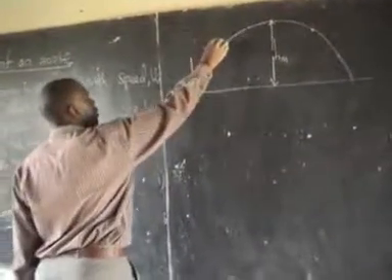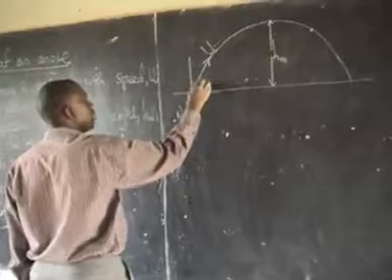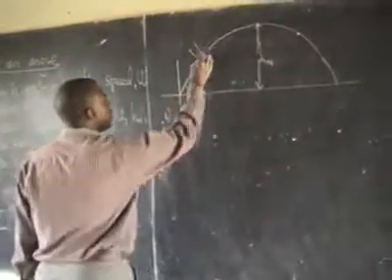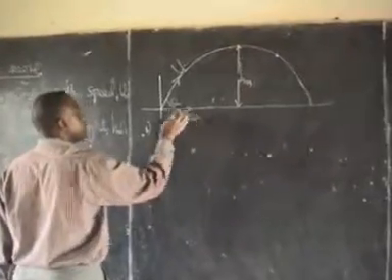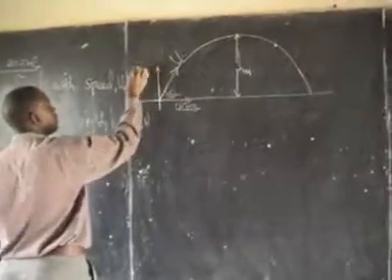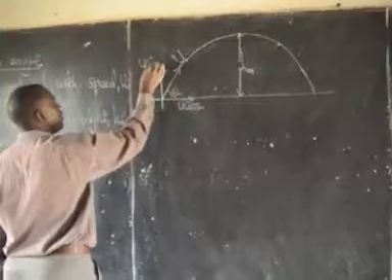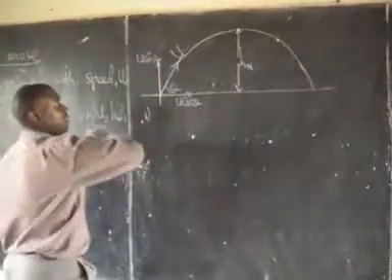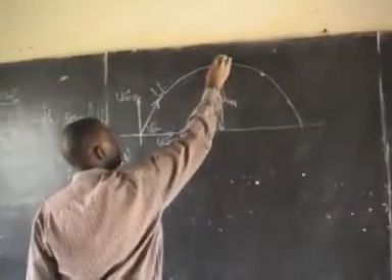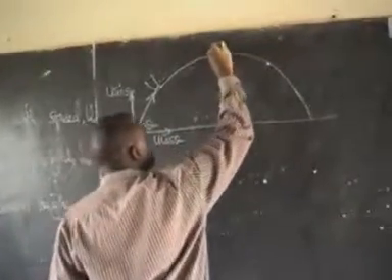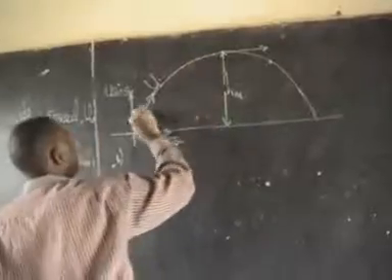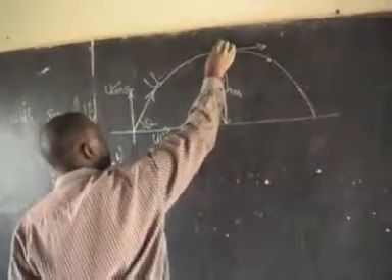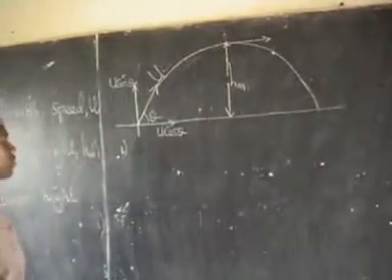So if it is projected with the initial speed u making an angle theta, we shall break this into its components. So we have the horizontal given by u cos theta, the vertical is given by u sin theta. Now when the body has reached this point, it will be moving horizontally, meaning that the vertical component will be 0.